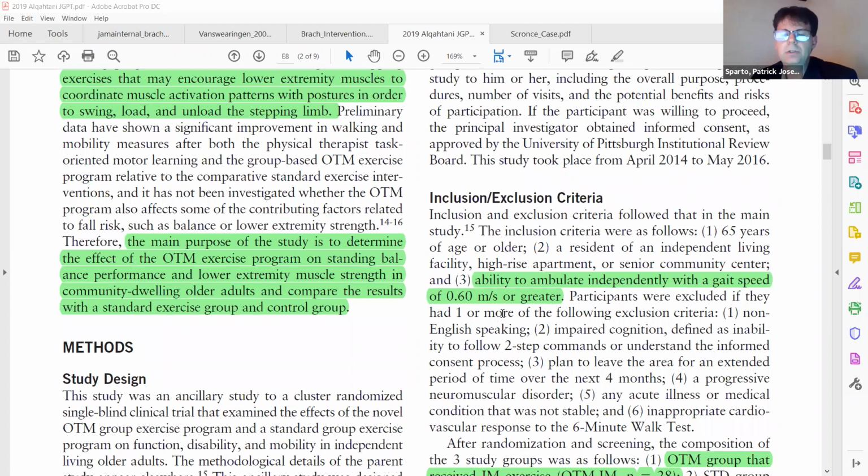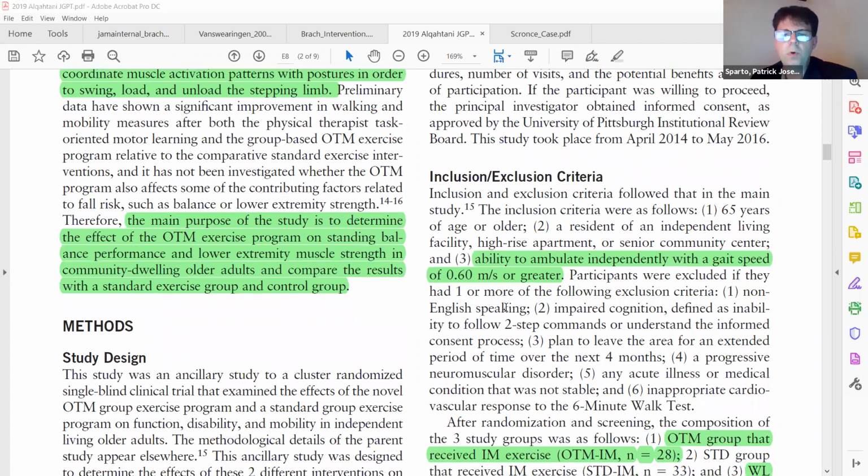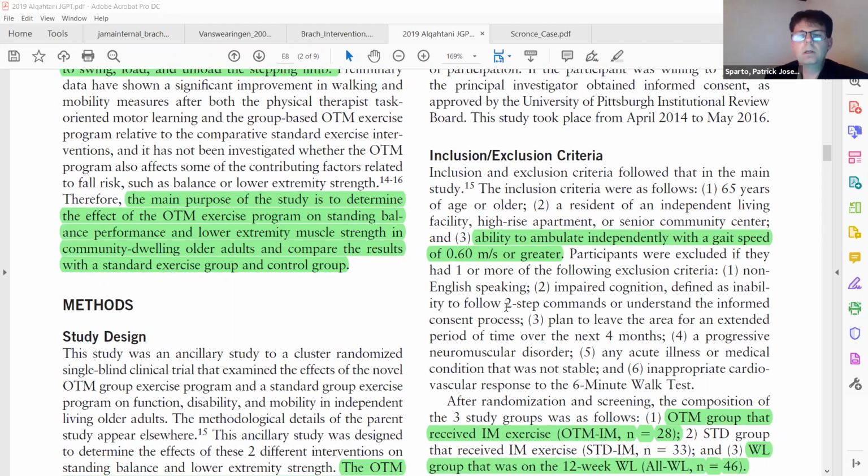Inclusion, exclusion criteria are always really important. So this was a group of participants who are 65 years of age or older. They had to be a resident of one of the independent living facilities, senior community centers, et cetera. And also importantly, they needed to have a gait speed of greater than 0.6 meters per second.